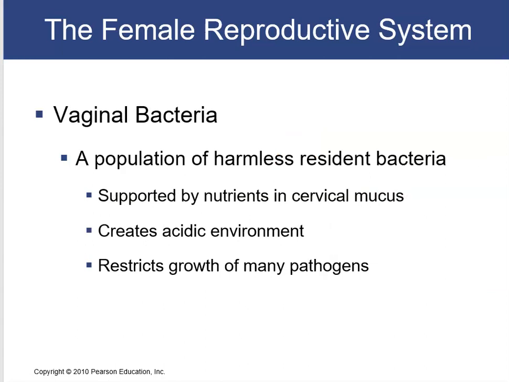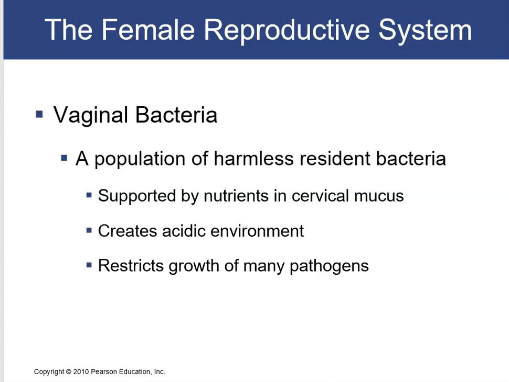The vagina also has a unique set of bacteria, part of our normal flora. This is a population of harmless resident bacteria that lives in the vagina. These bacteria are supported and survive through nutrients coming from the cervical mucus. These bacteria create an acidic environment that will restrict and prevent the growth of many other pathogenic organisms.